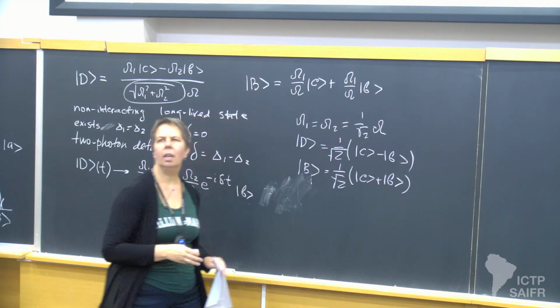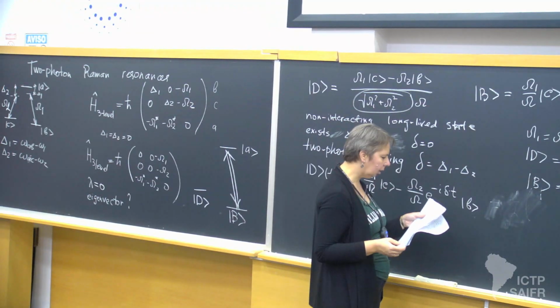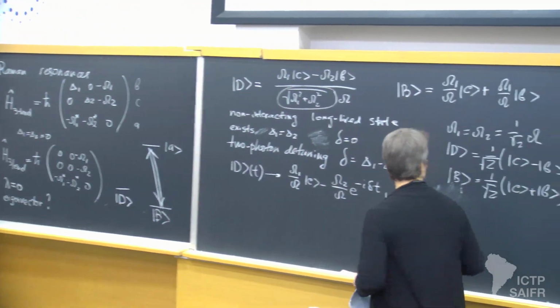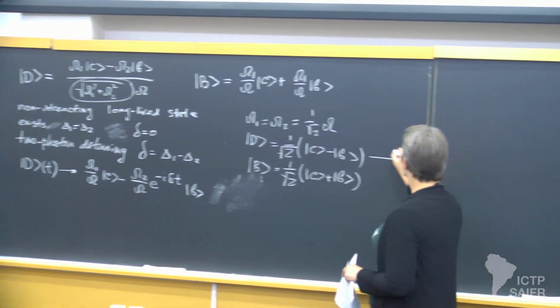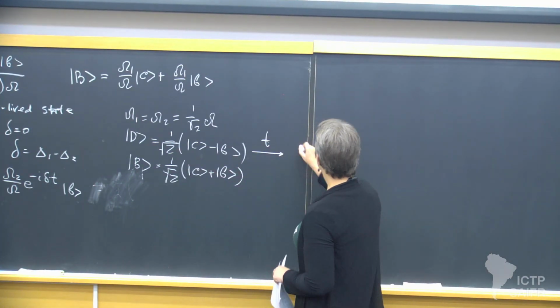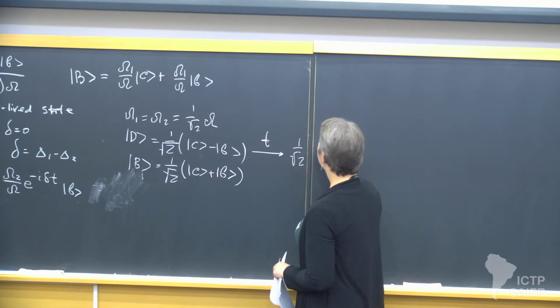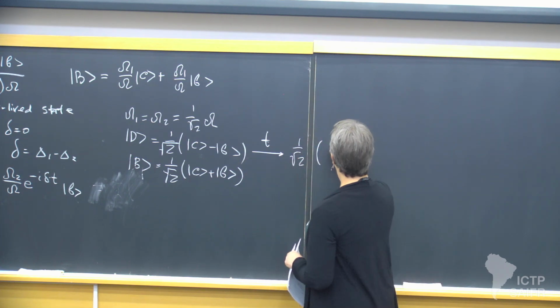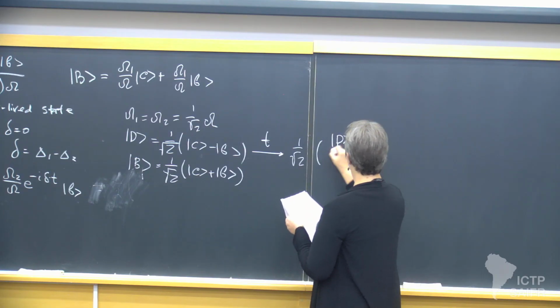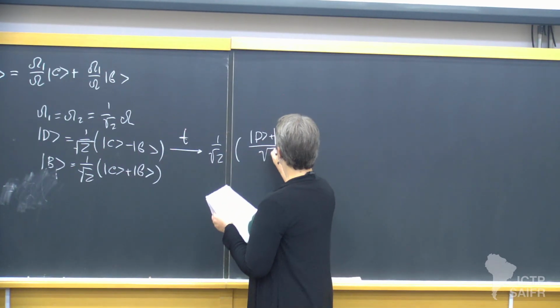Okay? Again, you can do it fully. It's just a little more math. So in this case, we look at our dark state over here. And if we start to evolve it in time, now I'm going to replace this as 1 over square root of 2. State C is going to be the dark state plus bright state over square root of 2.